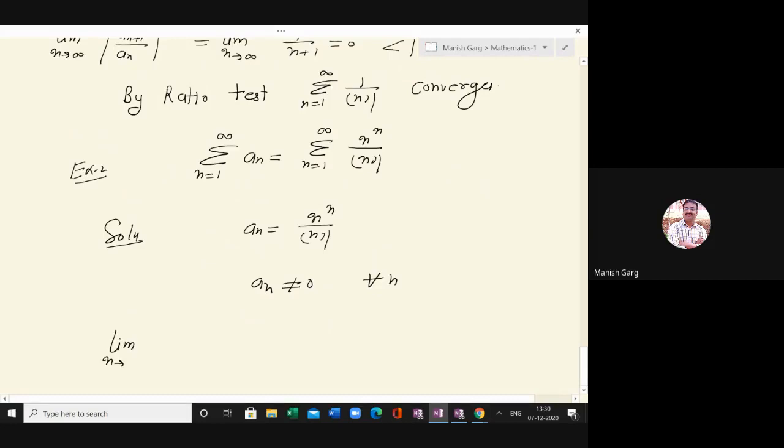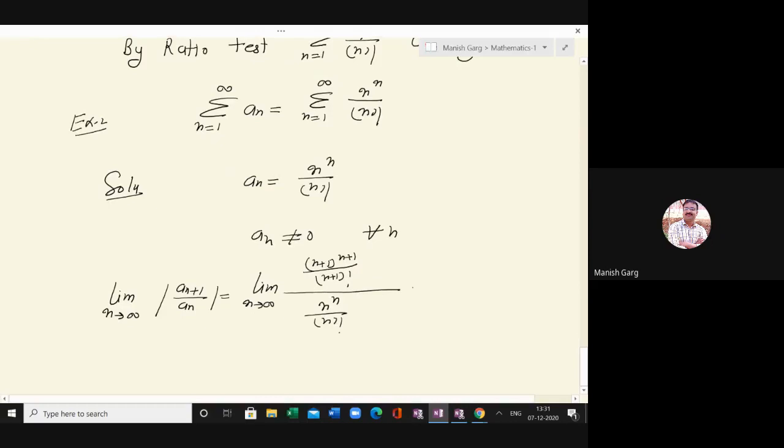Now if you want to apply the ratio test, mod a(n+1) over a(n). All are positive, so you can write only a(n+1). I think it will be (n+1) raised to power (n+1) over factorial (n+1), divided by n raised to power n over factorial n. Do some calculation, limit n tends to infinity. The factorial will be cancelled out.